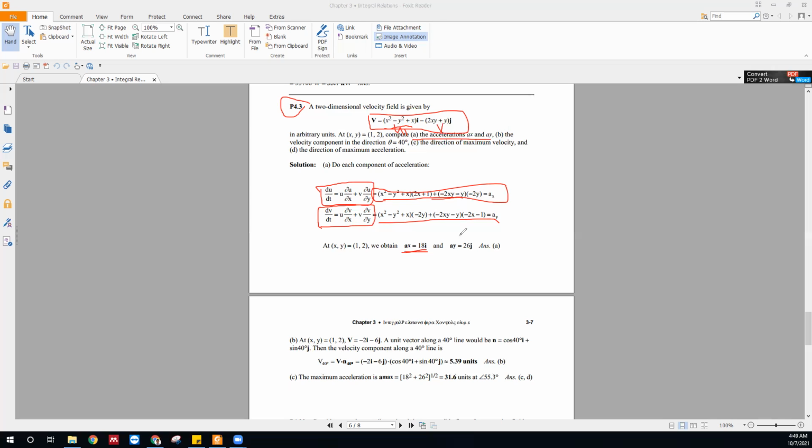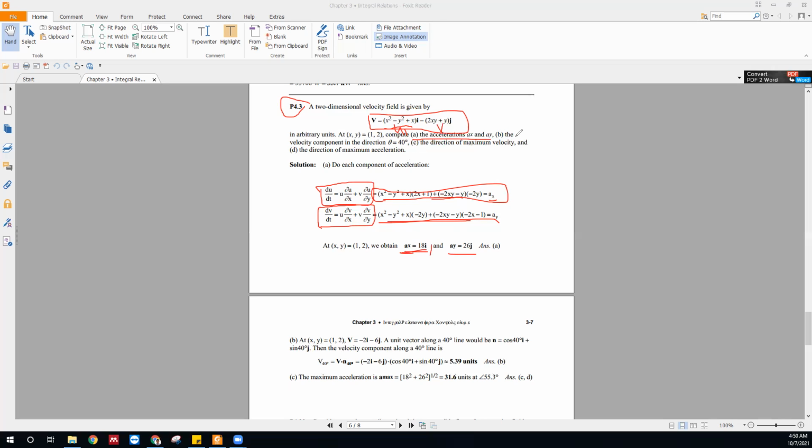And for ay, if you put the values of 1 and 2 in here, you should get 26j. So this is the value and this is a vector. So that's why you need to put the i, and for the y part, we need to put the j, okay?